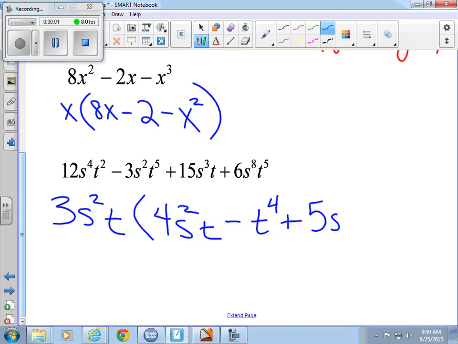Where do the t's go? They cancel out. t divided by t goes away. That was our factor that had the lowest amount of t's, right? And then 6 divided by 3 is 2. There are 8 s's, and I'm taking out 2 of them, so there are 6 left. And there are 5 t's, and I'm taking out 1 of them.